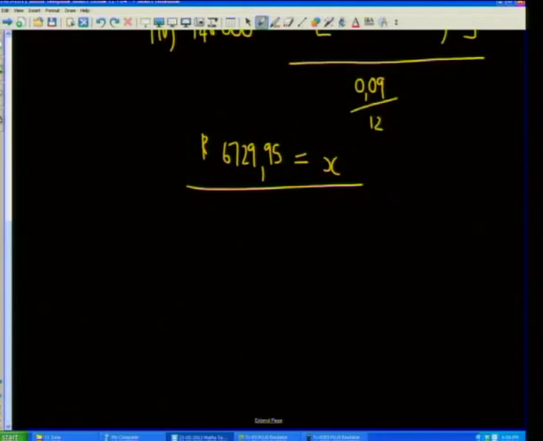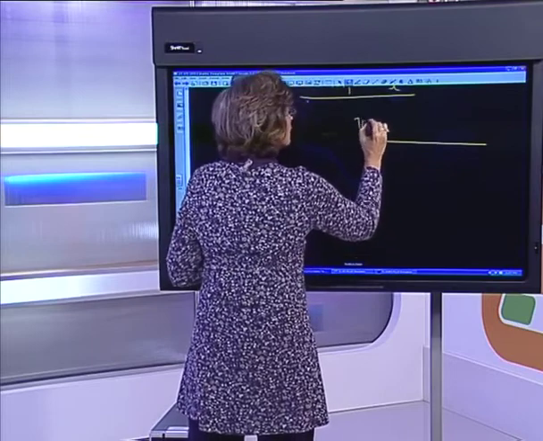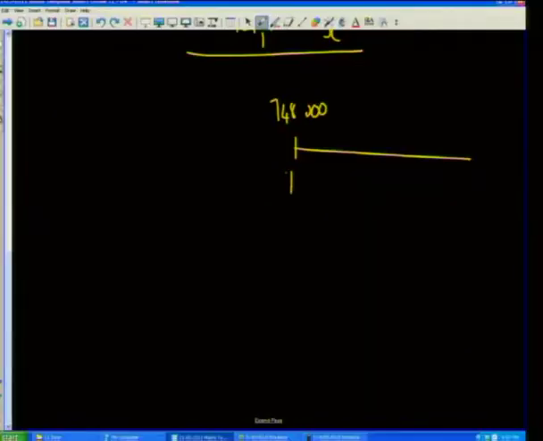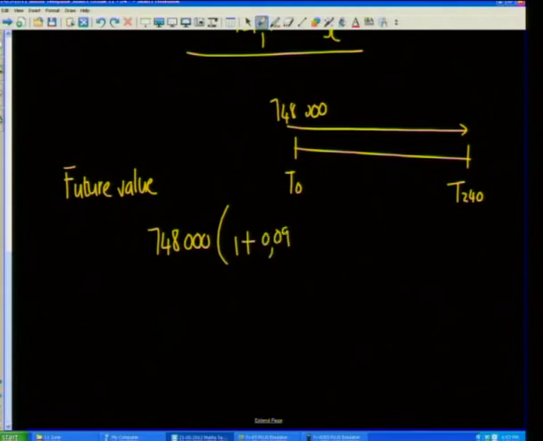Now, some teachers avoid that present value formula like the plague. They would rather take the 748,000, which is now, and take that all the way to 20 years. So they treat it as a future value. They say that the 748,000 over the 20 years would have to grow with an interest rate of 0,09 over 12 for 20 years.